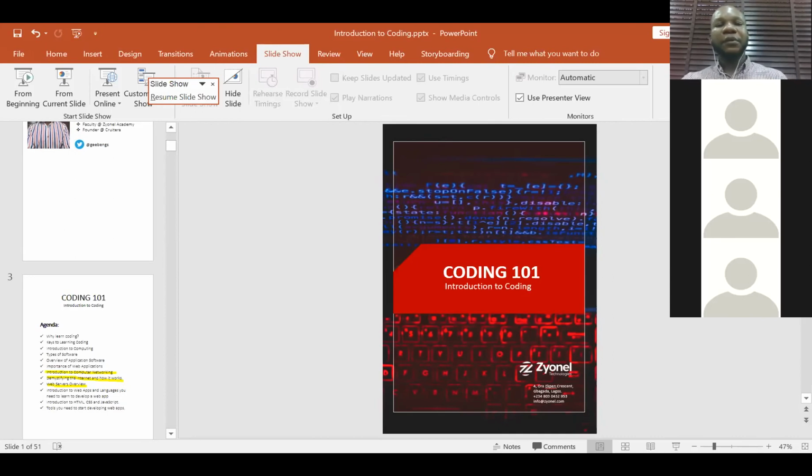So the hardware can be categorized into two major categories. We have the input devices and we have the output devices. This is where I mentioned earlier that the definition picks the important parts of the computer. Going back to the definition, I said a computer is an electronic device for storing, retrieving, and processing data.